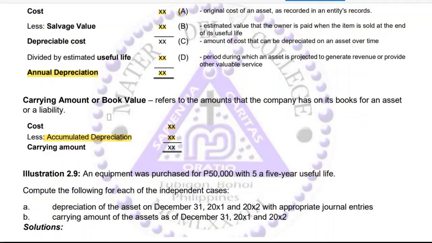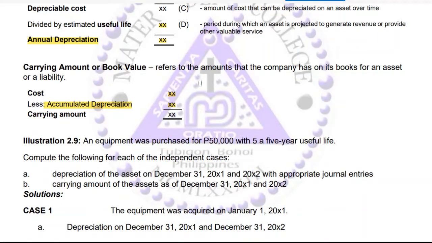Letter A, the depreciation of the asset on December 31, 20x1 and 20x2 with appropriate journal entries, and determine the carrying amount after each year, so after 20x1 and 20x2. That's the basic information that will be applied in all the cases.